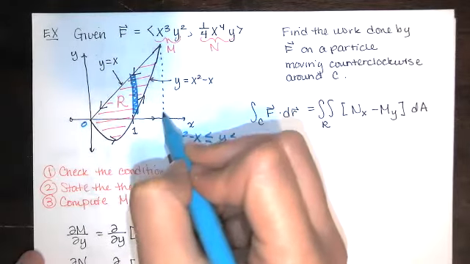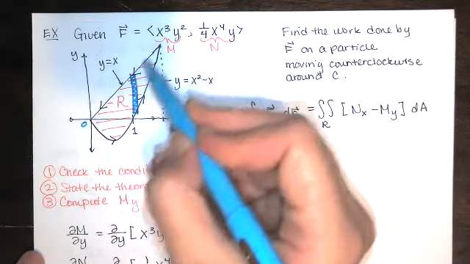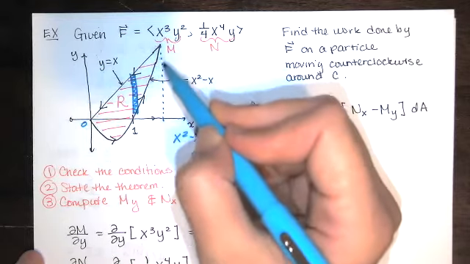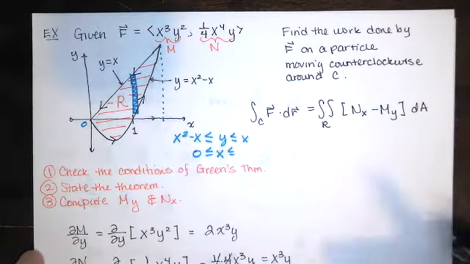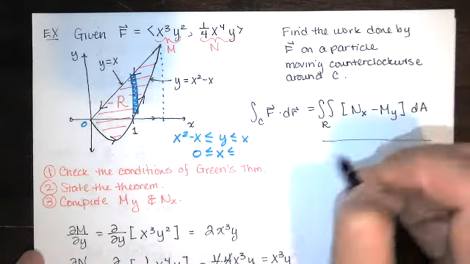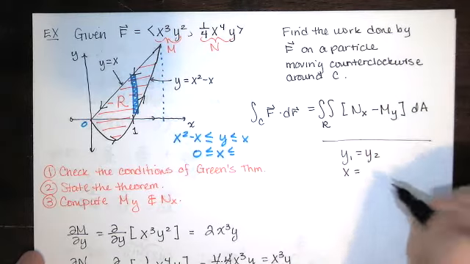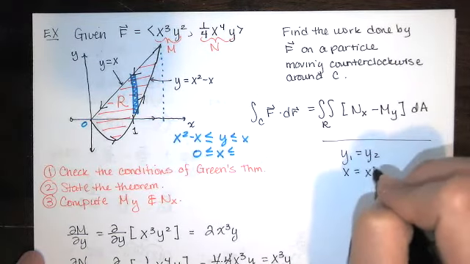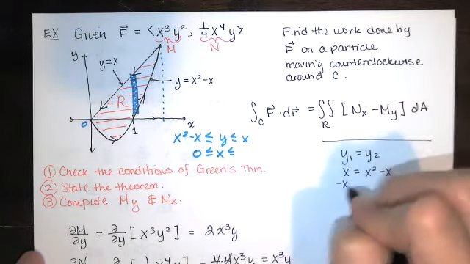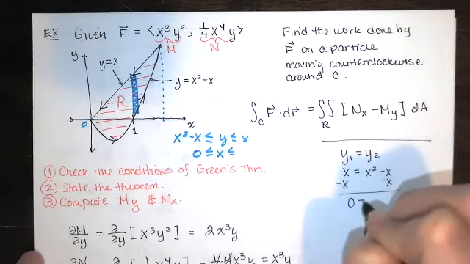To figure out that value, we'll just set the y on this curve equal to the y on that curve and solve for x. So I'm calling those y1 and y2 for these two separate curves. Subtract x from both sides.